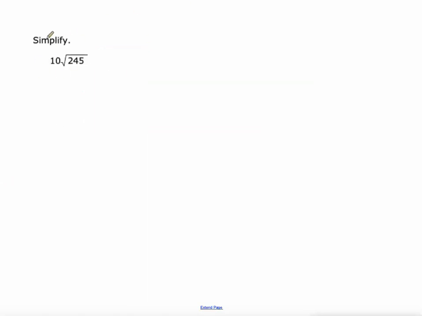All right, so now we've got 10 times the square root of 245. All right, well, 245 is, again, divisible by a perfect square. And, again, it's 49. 49 times 5. And it might take you a few tries to figure out what perfect squares it's divisible by, okay?